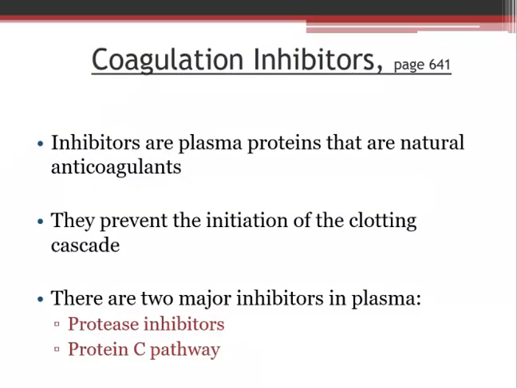So we also have things that can prevent or inhibit coagulation. Inhibitors are plasma proteins that are natural anticoagulants. They prevent the initiation of that clotting cascade or the coagulation cascade. There are two inhibitors in plasma. There's the protease inhibitors and there's the protein C pathway that are natural anticoagulants in plasma.